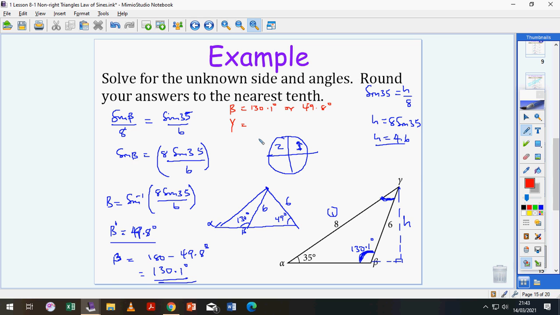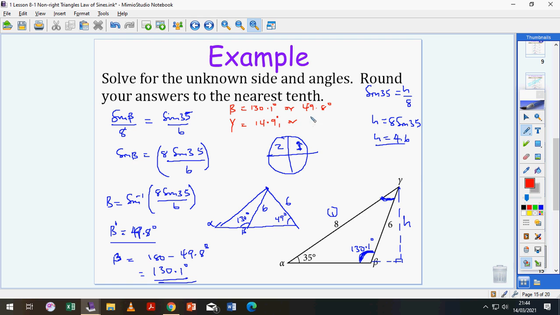And when beta is 49.8 degrees, I'll still do the same calculation and take away from 180. So I have 35 plus 49.8, and then that is taken away from 180 to give me 95.2 degrees.